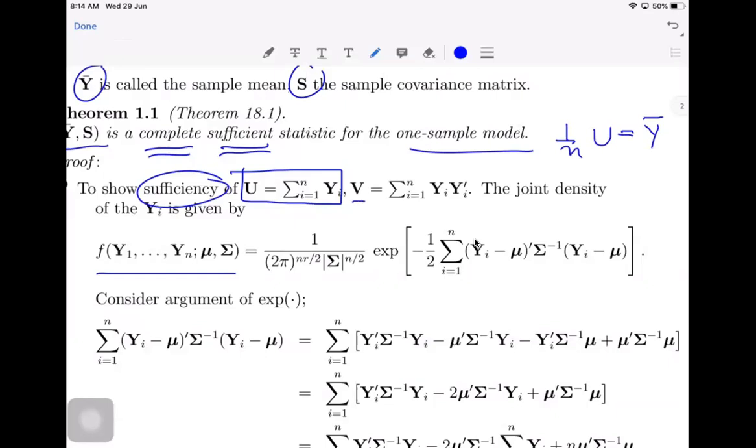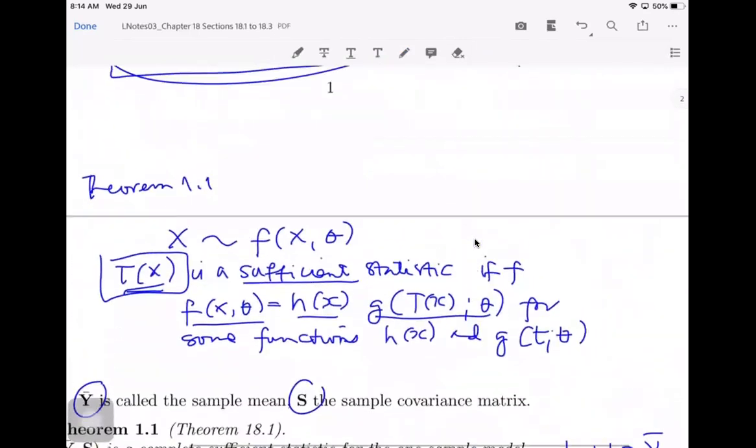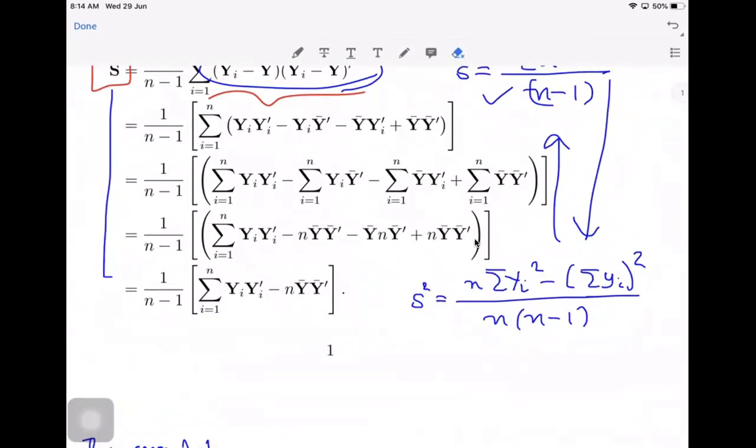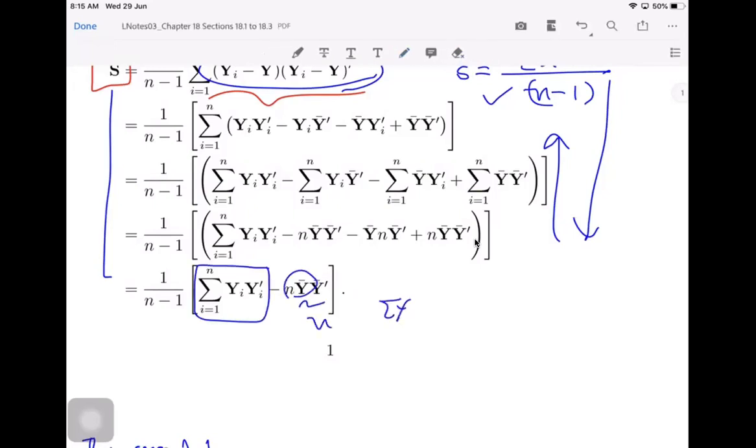And we will let v be the sum of yi yi prime, which you will see later that your S here is a function of v. Okay, and it will be a function also of u, because u is the summation of y. So if you look at that, your S is a function of v and u.